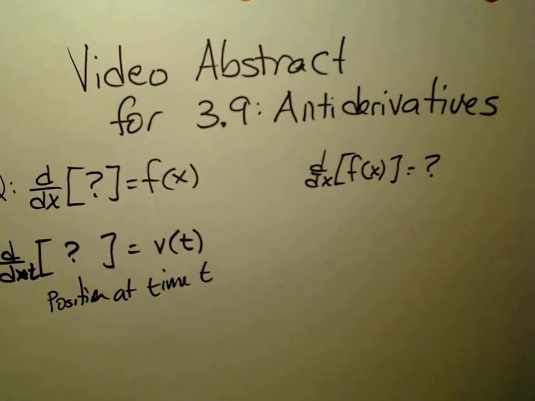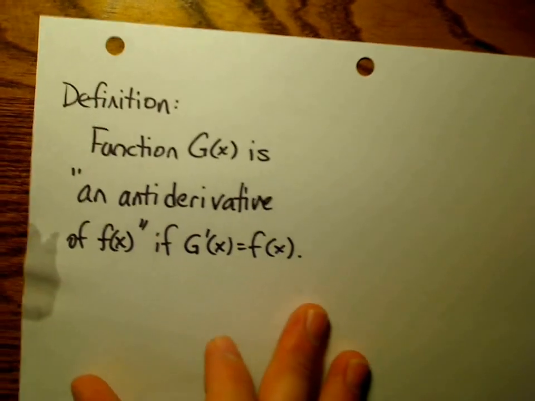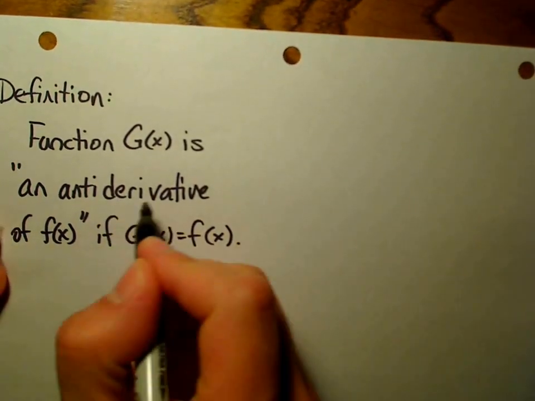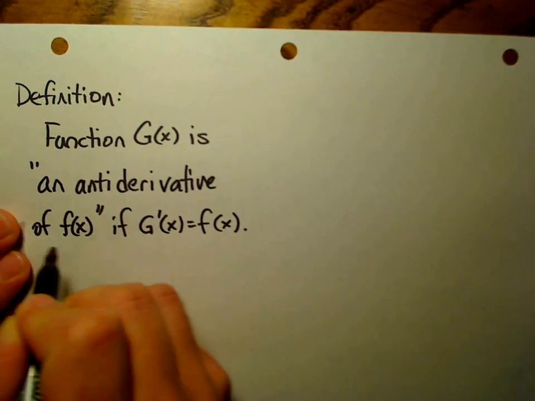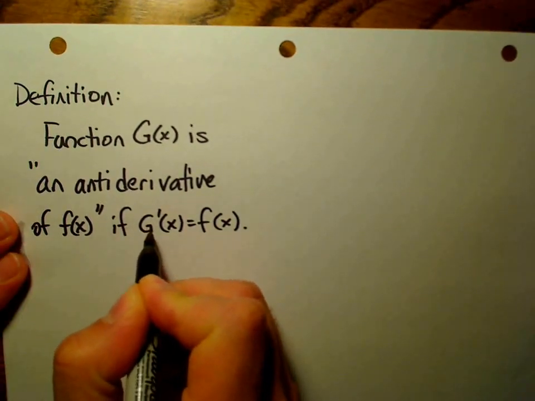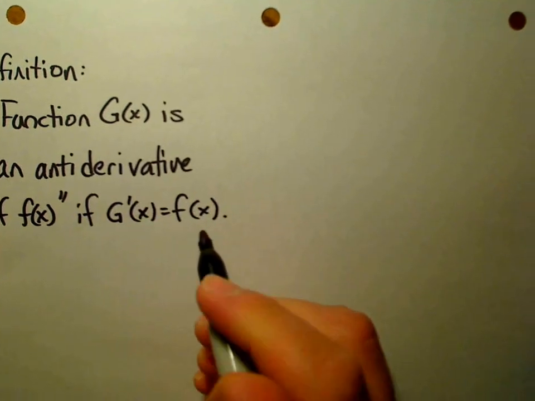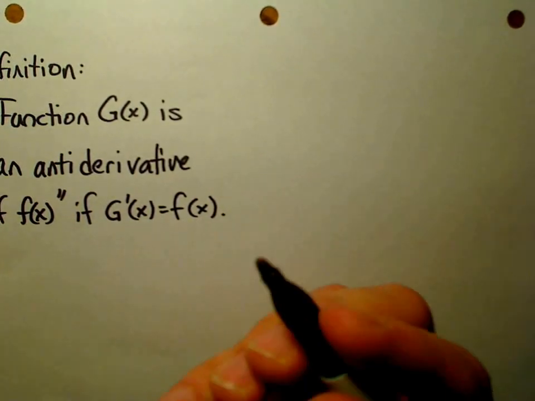So an antiderivative is a function g of x that is an antiderivative of f of x if g prime of x is f of x. So if you take the derivative of this and you get this function out of it, then it is an antiderivative.